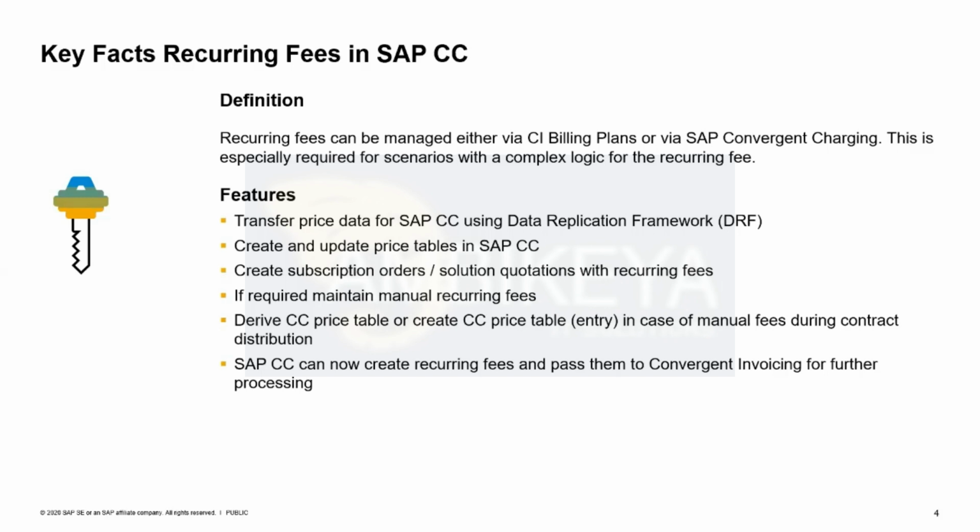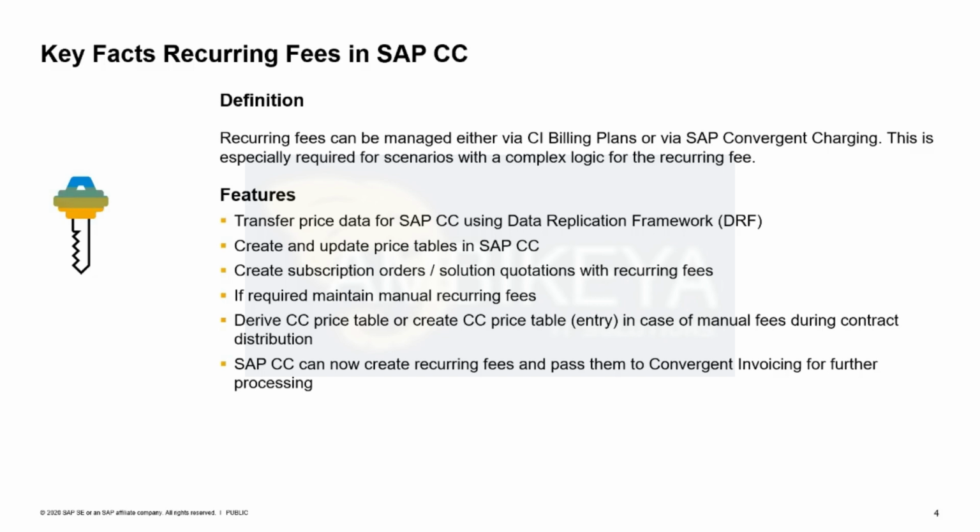The features that we support: it is now possible, when you are maintaining SD pricing, to replicate these prices to CC using the framework called DRF, Data Replication Framework, which is used as a framework for distributing master data.